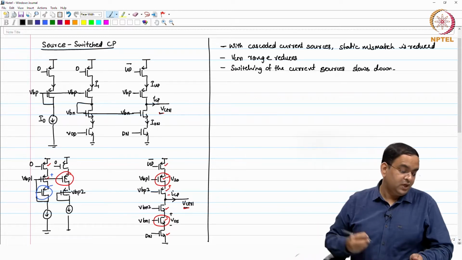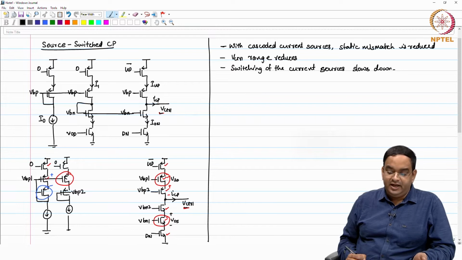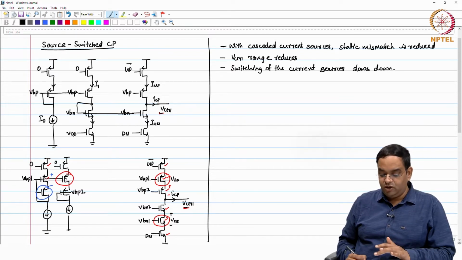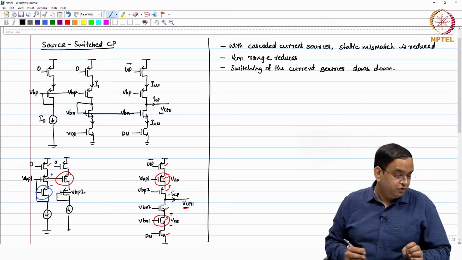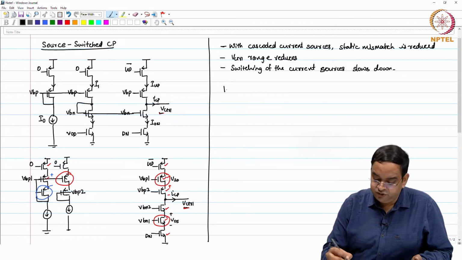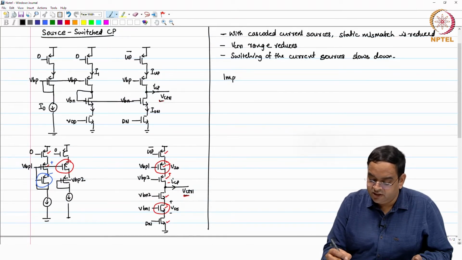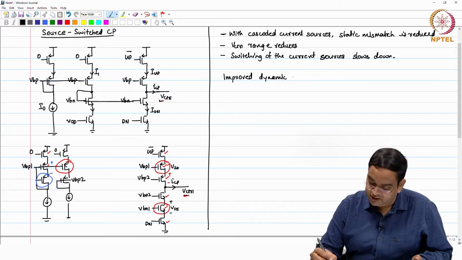Okay. Now, the other thing is that V control varies all the time, and this particular method has problems with speed and with the range for V control. So, there is another method which helps in reducing the current mismatch, and let us look at that architecture with some improved dynamic current matching.